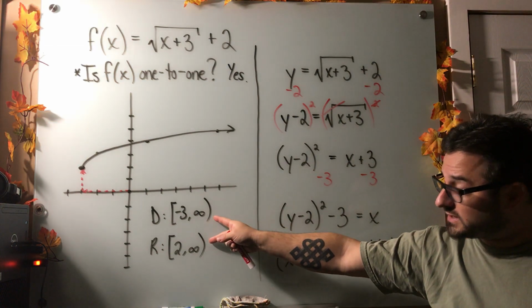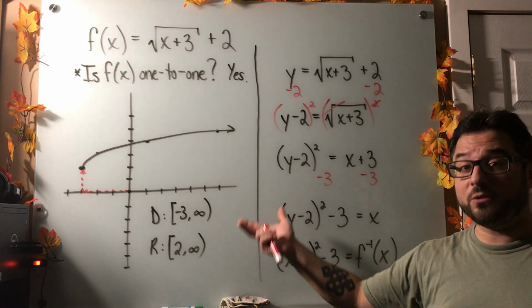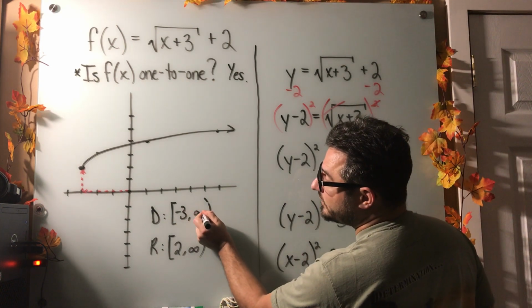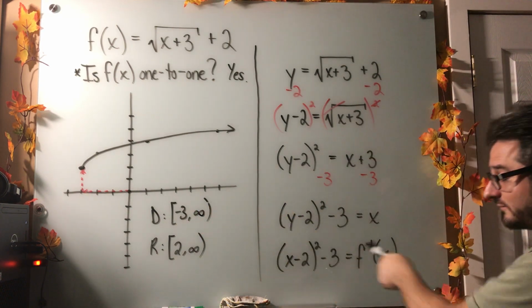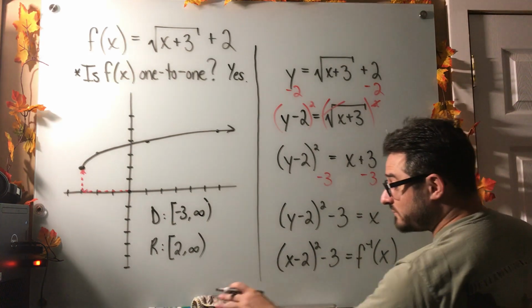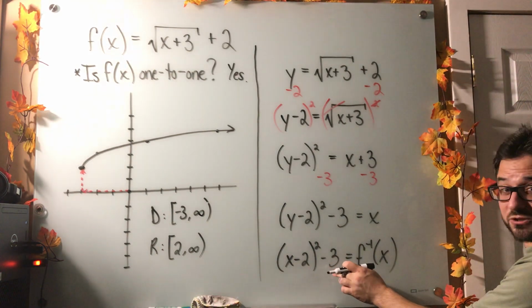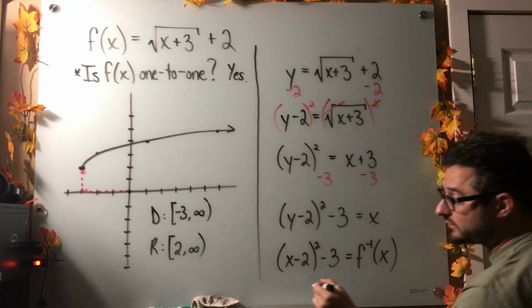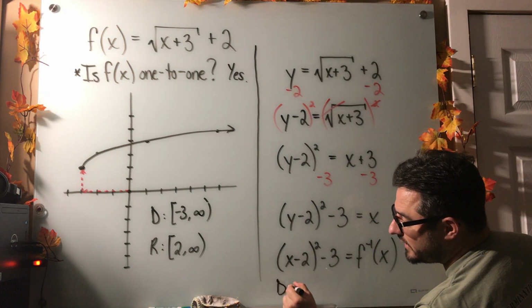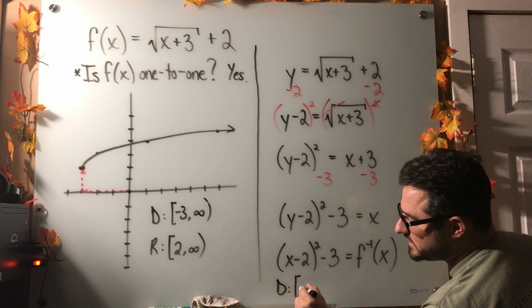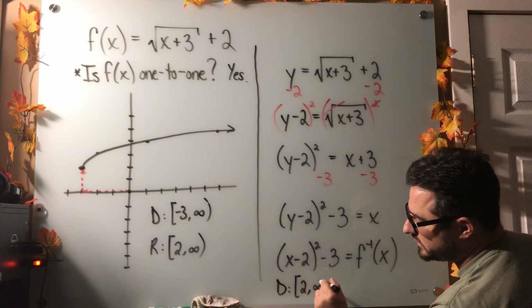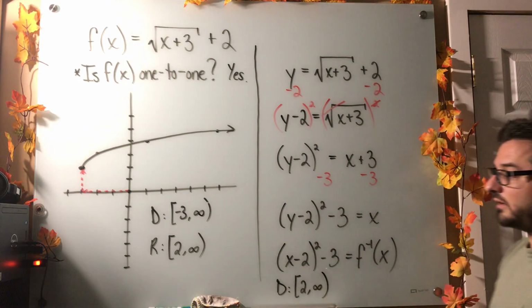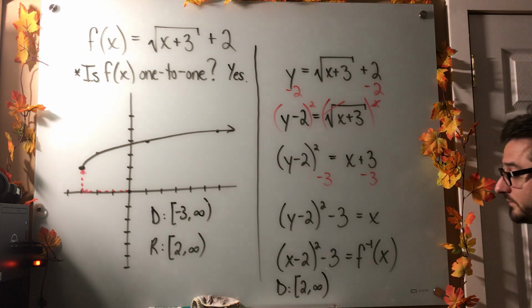The characteristics and the restrictions that are built in naturally to that function have to be observed and carried through to its inverse. So, despite the fact that this normally should be quadratic and normally should have a domain of all real numbers, in this case, its domain is 2 to infinity, the range of the original function.